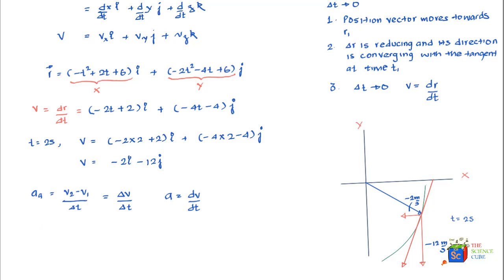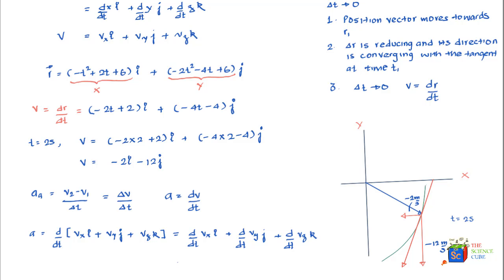So you can write a as equal to d upon dt of v expressed in vector form, and this equals d upon dt of Vx times i plus d upon dt of Vy, the component in j direction, plus d upon dt of Vz, or the scalar component in z direction, times k.